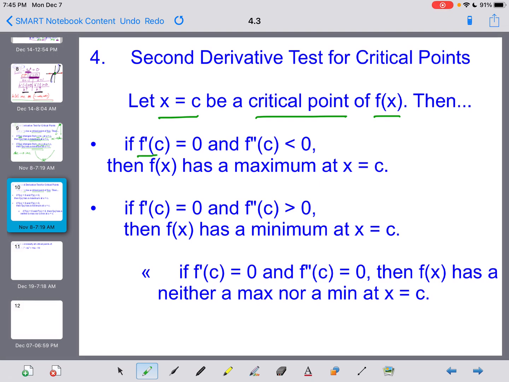Okay, then here's what happens. If f prime of c is 0, like we just said, if your first derivative is 0 and your second derivative is negative, then we can say that f of x has a maximum at x equals c. If you guys go back and think about the significance of this statement, we did talk about the idea that the second derivative of a function tells you something about concavity.